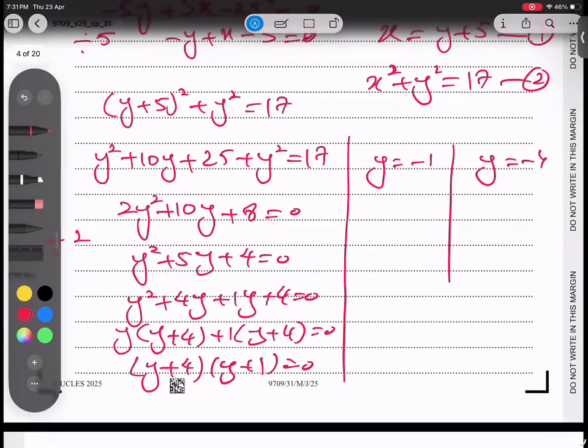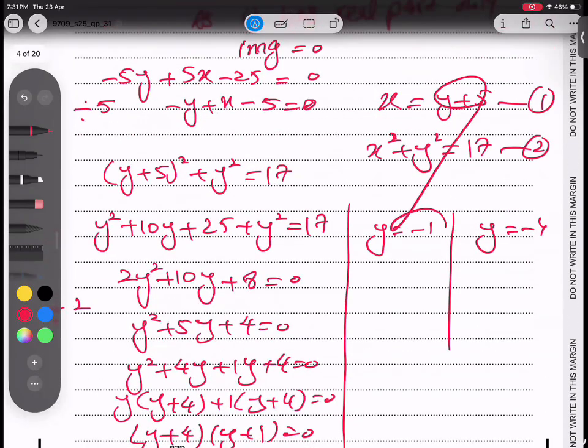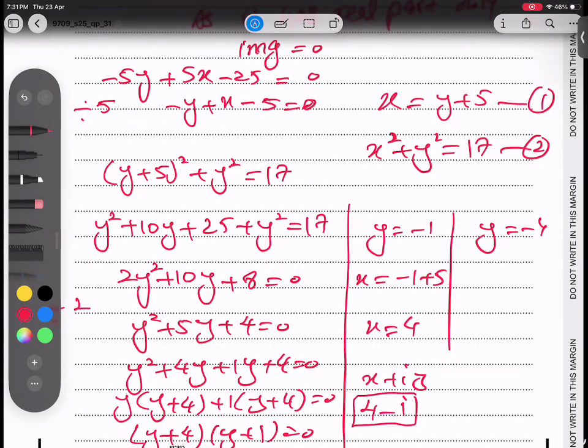Now, students, we have to plug in this value here. So I will plug in there x equals -1 plus 5, so I'm getting here 4. So complex number x plus iota y, x value is 4 and it is a negative iota. This is my answer number 1. And when I plug in the same, x equals -4 plus 5, I'm getting x equals 1.